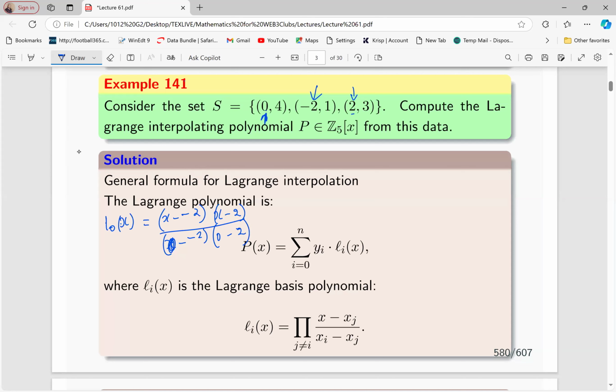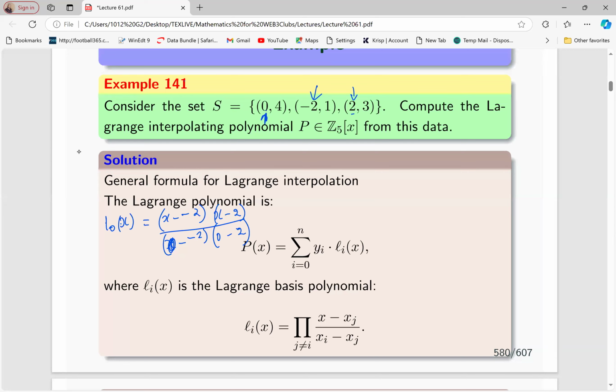Now, that is how I do it, and that is one way of doing it. The other way, you may want to convert this negative 2 mod 5. When you do that, you get 3. So instead of having x minus minus 2, you could also have x minus 3. You get the same answer.